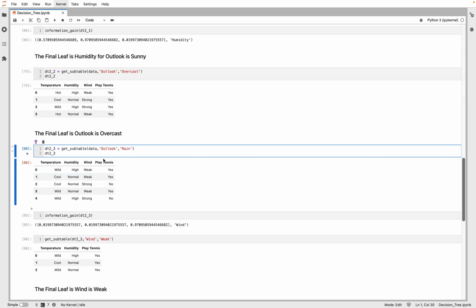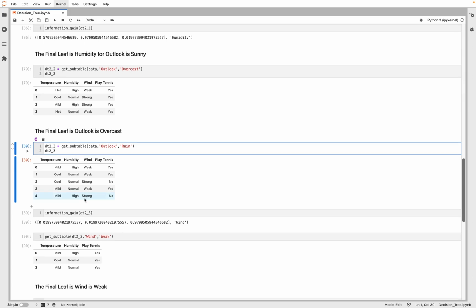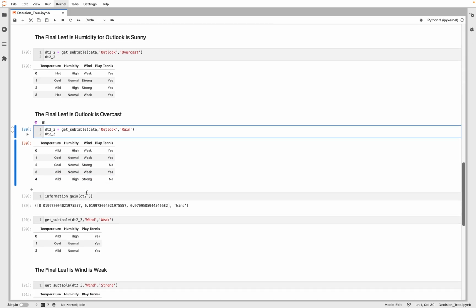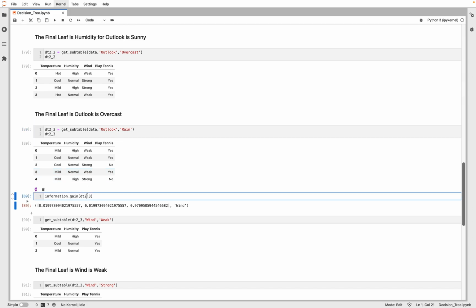Next, we will compute the subtable for the outlook is rain. In this case, there is still some impurity, so we compute the information gain, and we get that wind has the highest information gain compared to temperature and humidity.